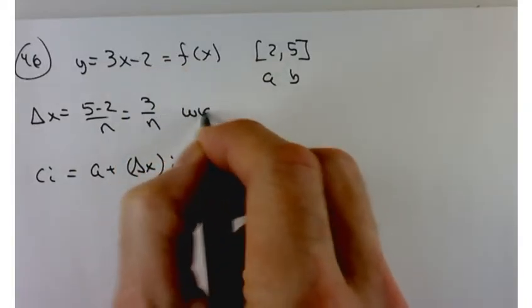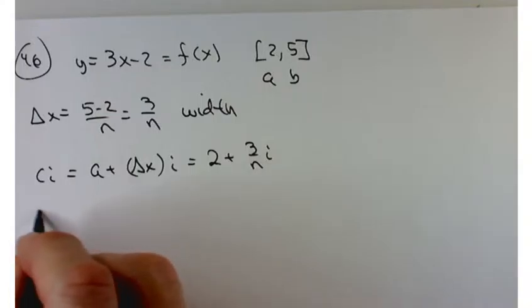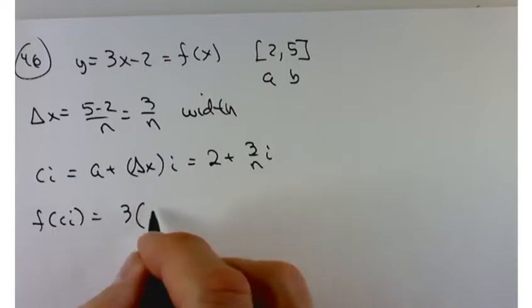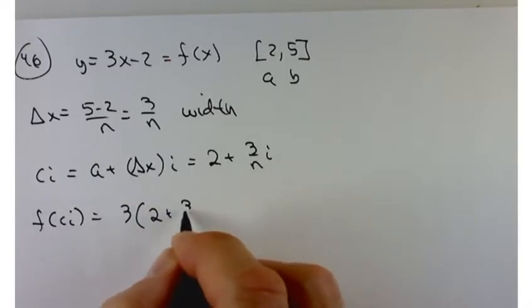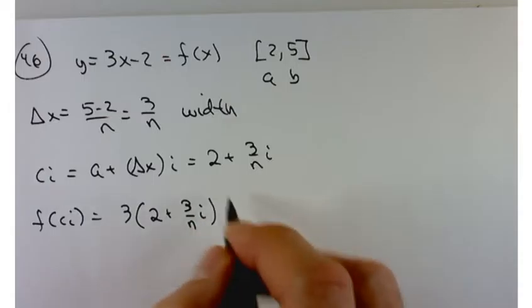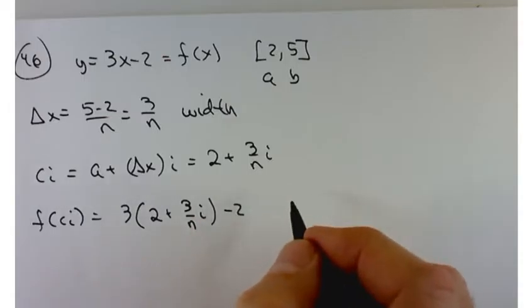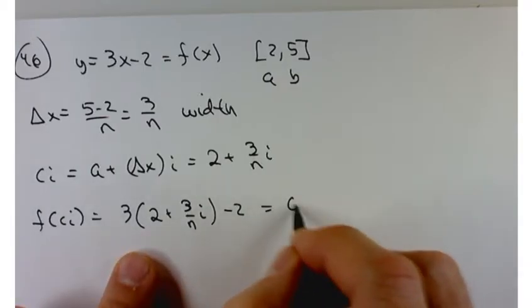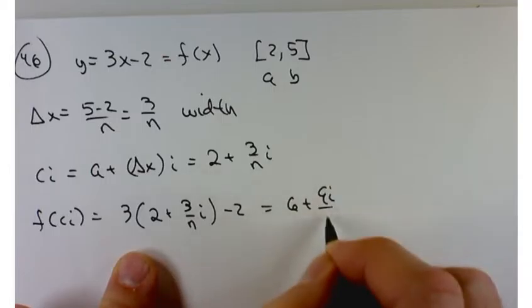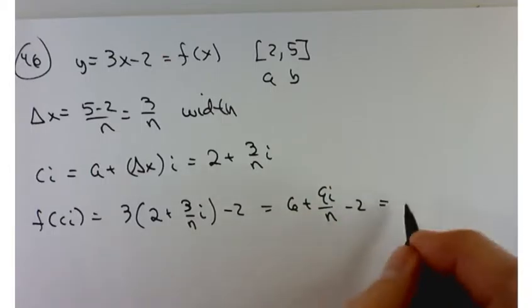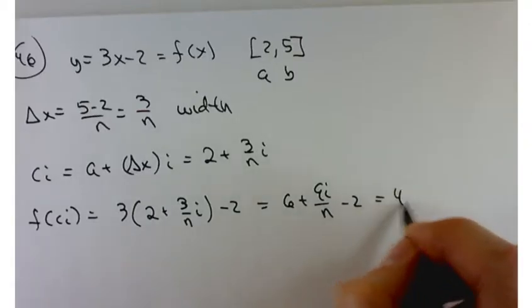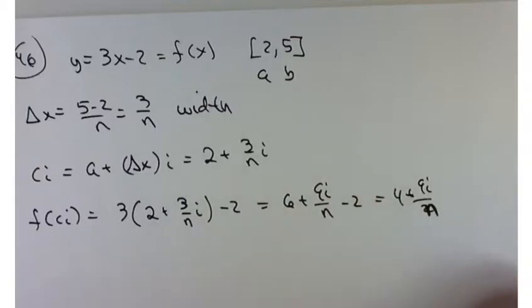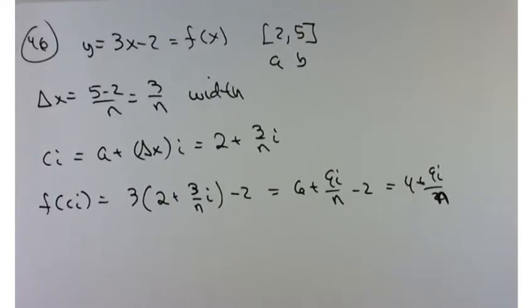So this is my width, and here comes the height. f of c sub i is going to be 3 times 2 plus 3 over n times i, minus 2. Let's clean that up a little bit. That's going to be 6 plus 9i over n minus 2. And finally, 4 plus 9i over n. And that's my height.